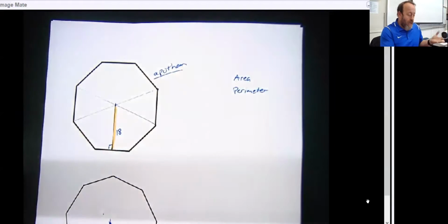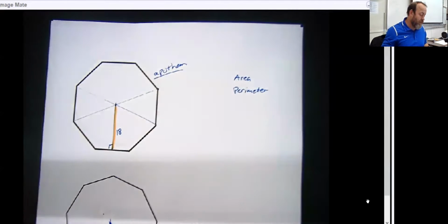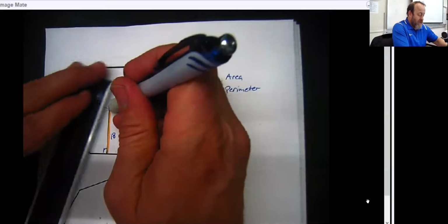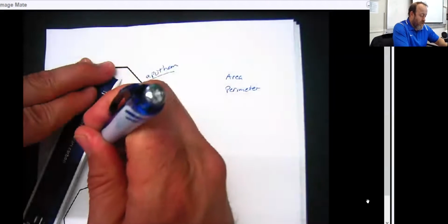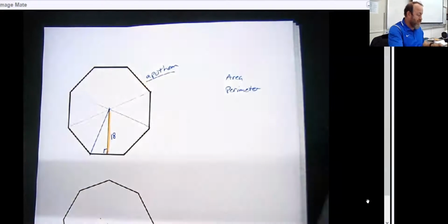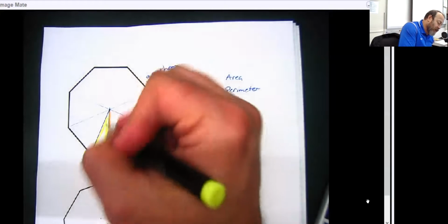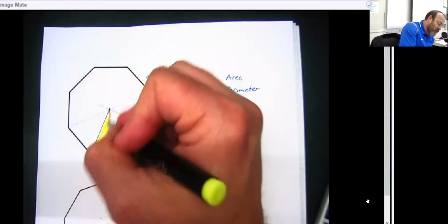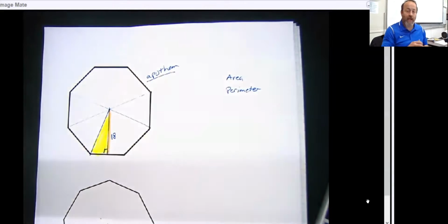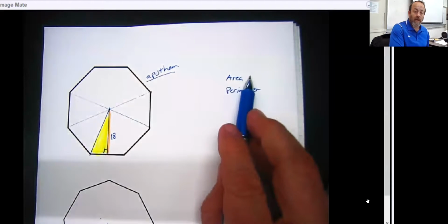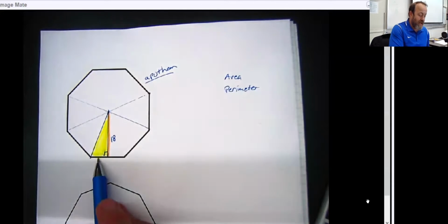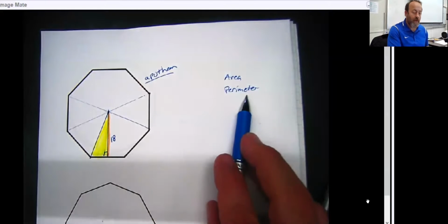So what I would do personally is divide this up so that I could look at one piece. Because if I could study this one piece of that octagon, then I could multiply that one triangle by 16 to find the area of the entire polygon, and I could take that side length right there and multiply it by 16 to get the perimeter.